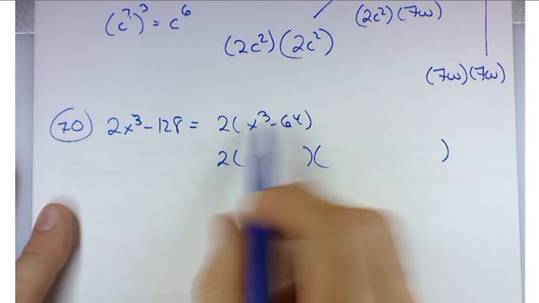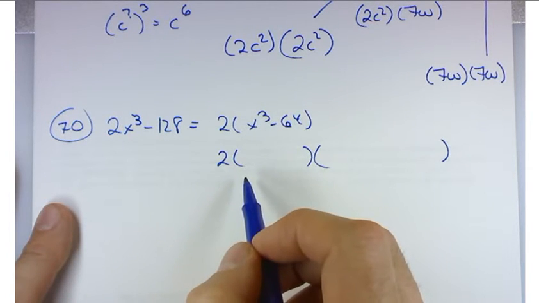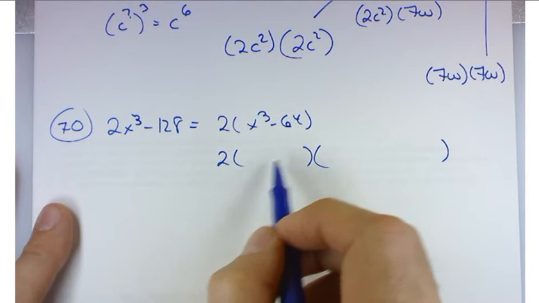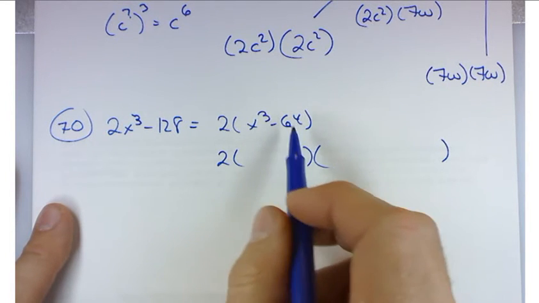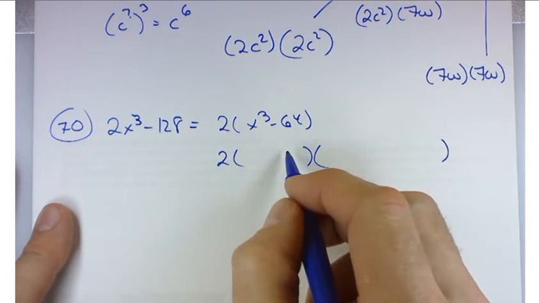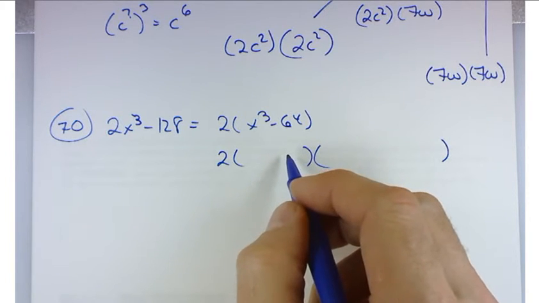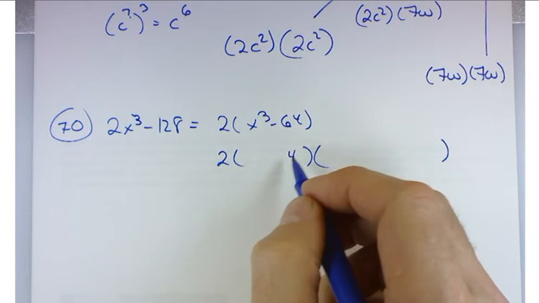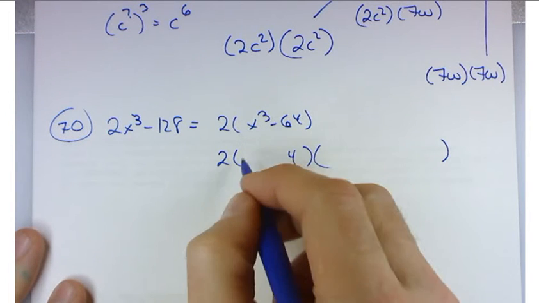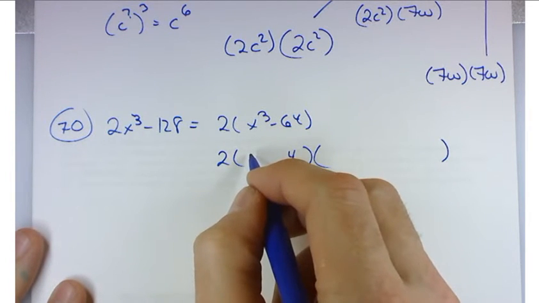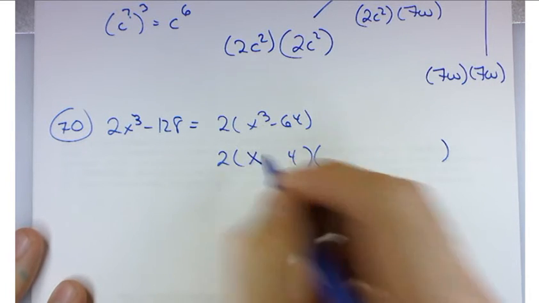What do you cube to get each of these? What do you cube to get 64? Thank you. 4. And then what would I put here? What do you cube to get this first term? Just x.